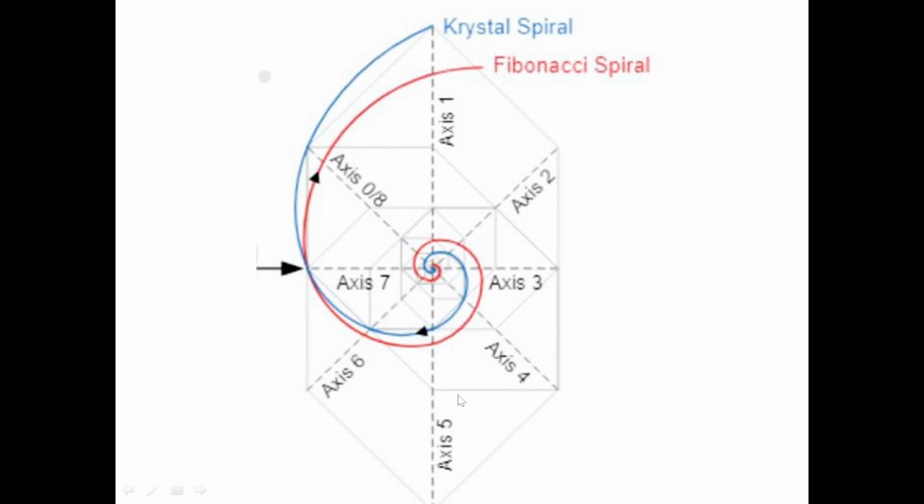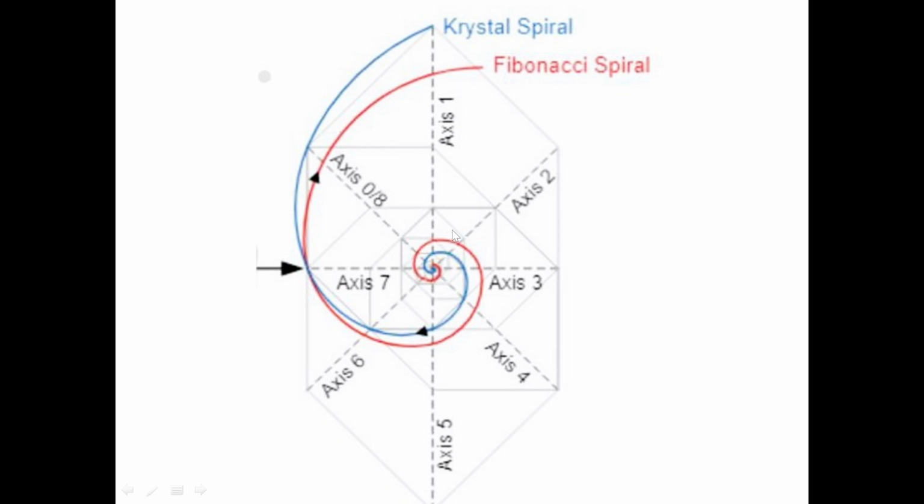So when we talk about the Fibonacci sequence and the crystal spiral or Kryst code spiral in life, we think about a snail shell or a nautilus shell or sacred geometry. Now, we can't actually see the difference in this because they're very similar. But here we have both of them together. In the red is the Fibonacci, and in the blue is the crystal, the Kryst code, consciousness, Christ consciousness, if you want to put it that way.